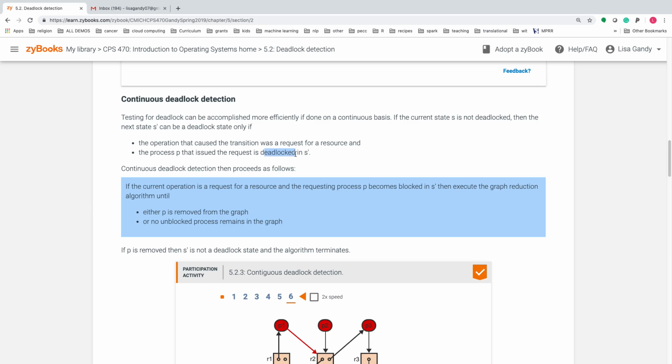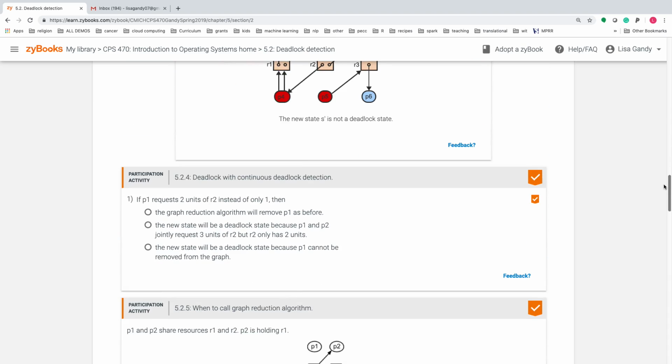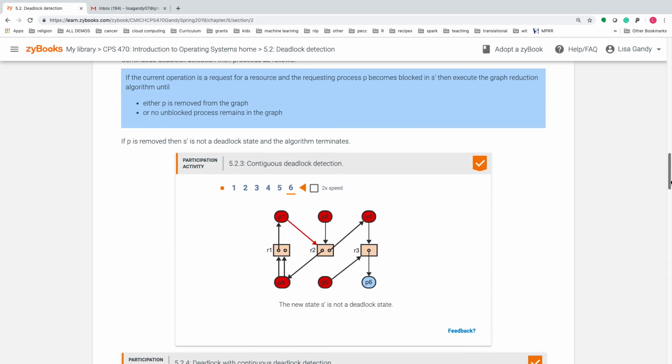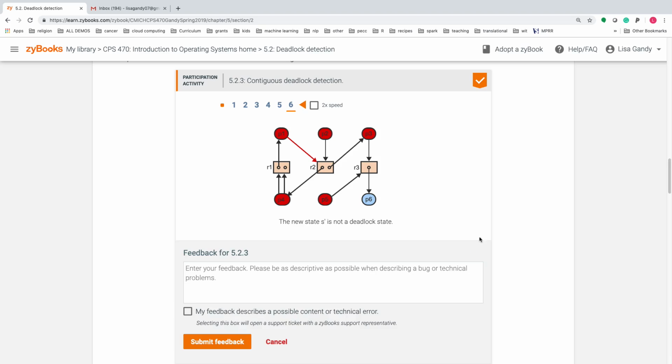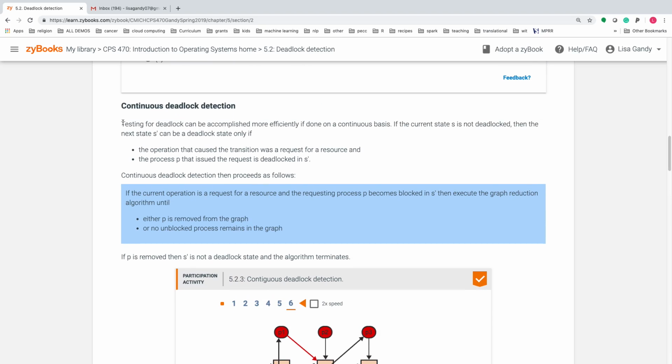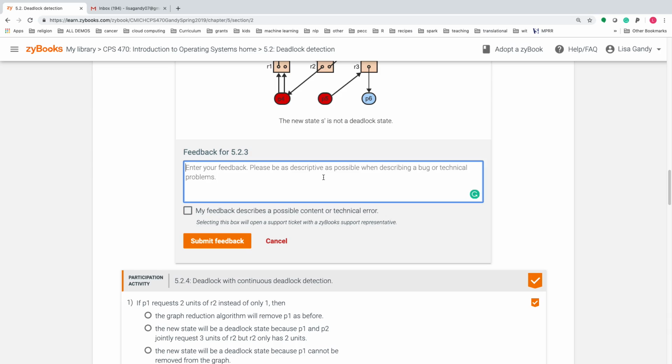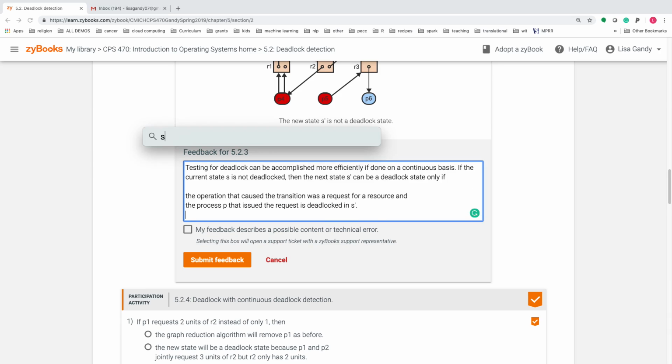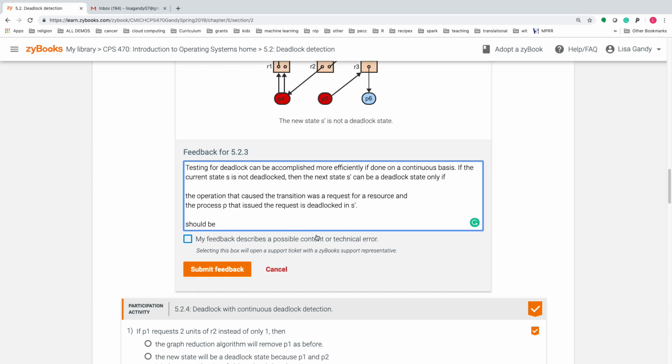I think it means blocked. Oh, I see. So I think that's what they mean. Like it should just be blocked. Yeah, I'm going to say something here. Oh, oops. No, I don't need Safari. Okay, there we go.